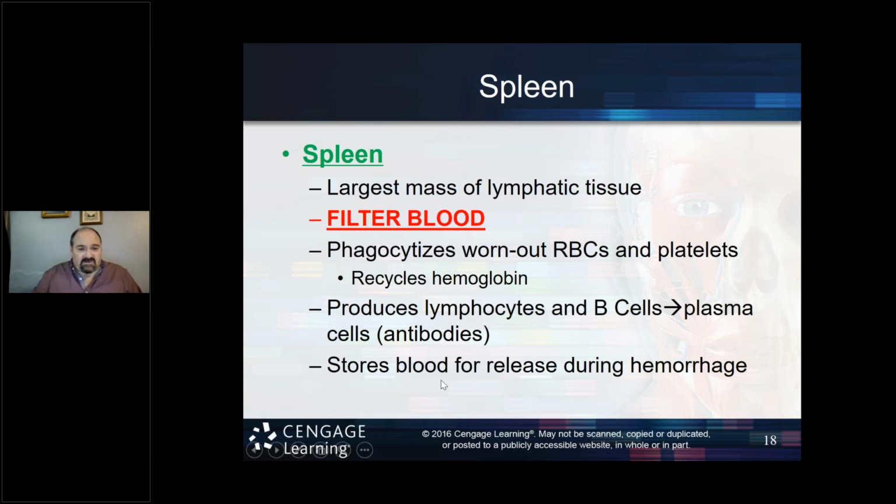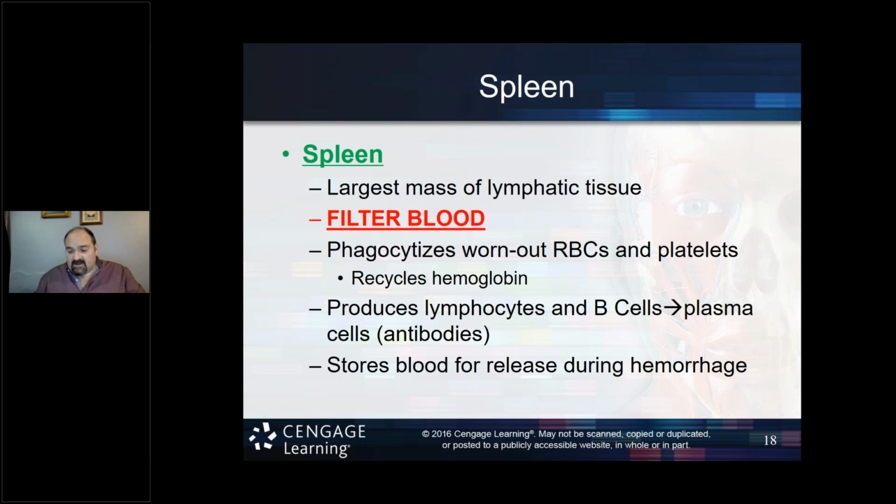And see here it says store blood for release during hemorrhage. Well, if the spleen itself is what bursts, this can be a major problem, a medical emergency, and patients die as a result of that. Say, in the case of the Epstein-Barr virus, infectious mononucleosis, a patient can have swelling of the spleen as one of the symptoms of the illness.